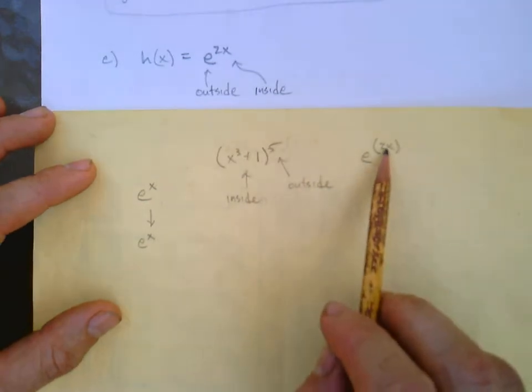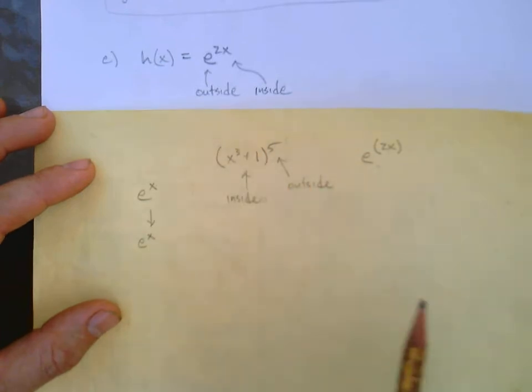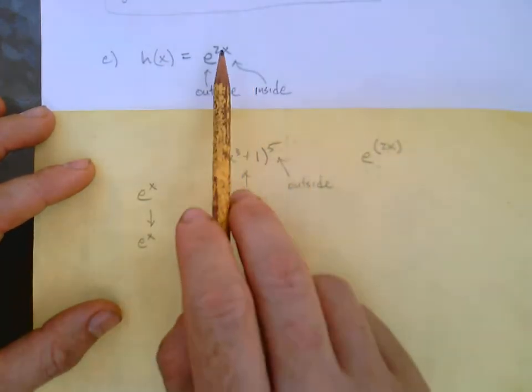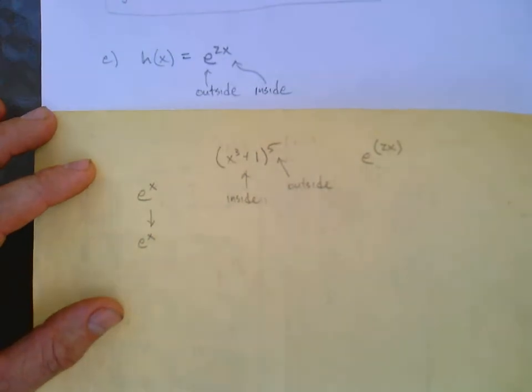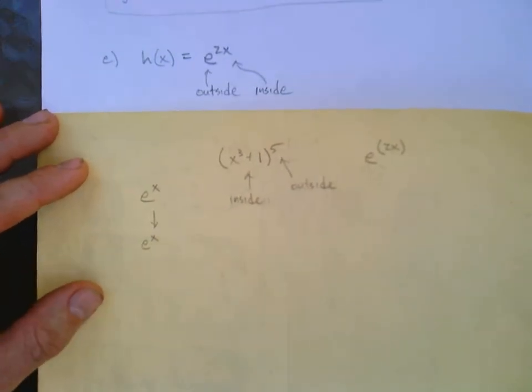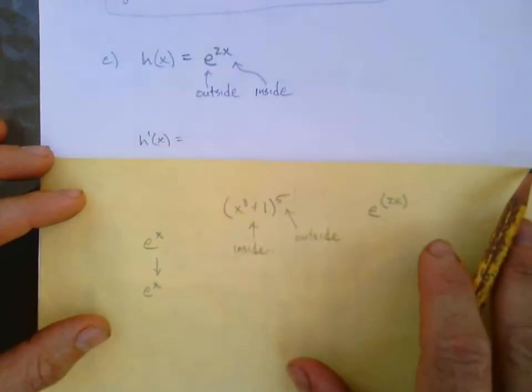And so maybe you can see, oh yeah, that would be the inside, and that's the outside. Although we really don't use parentheses there, because we all understand that that's in the power. Okay. So how would this derivative look? And I think, oh, okay, it's blank. All right.